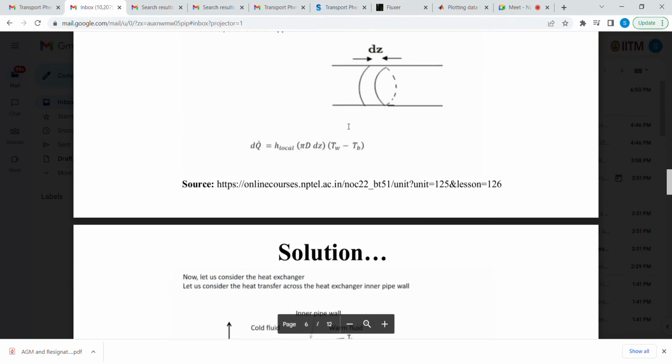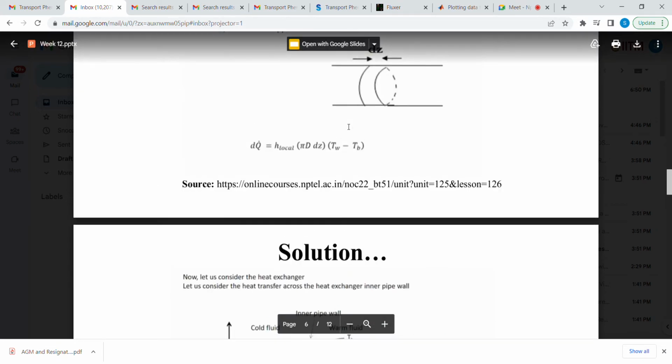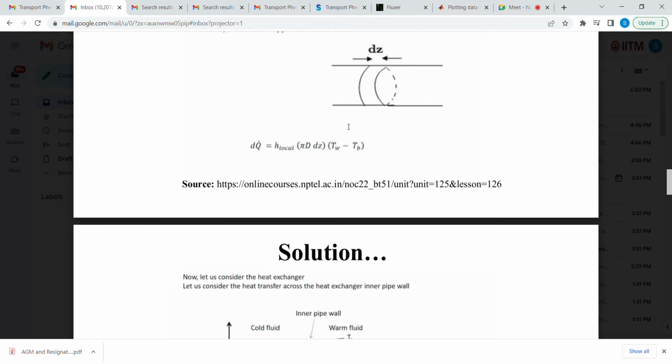So that is one part. Now we have looked at the heat transfer from the heated surface to the cold surface. Now let us understand the heat exchanger. Let's consider the heat exchanger itself.